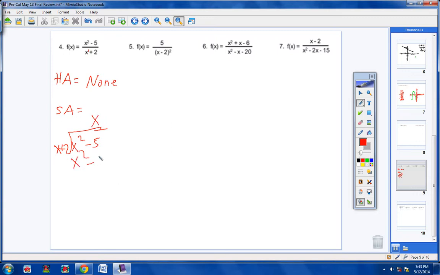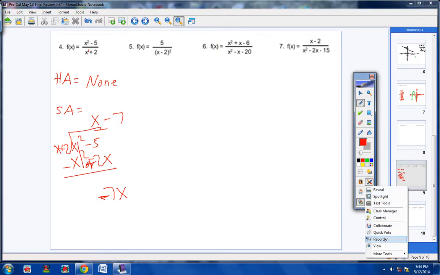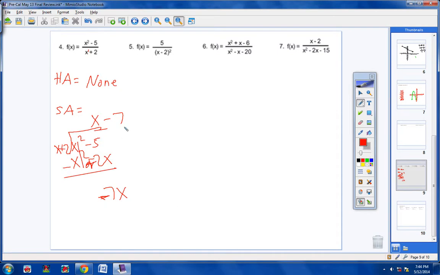Put an x here, x squared plus 2x, change the sign, negative 7x. x goes into negative 7x negative 7 times. So take this negative 7, bring down your negative. Oh, on the division here, sorry about that, guys.